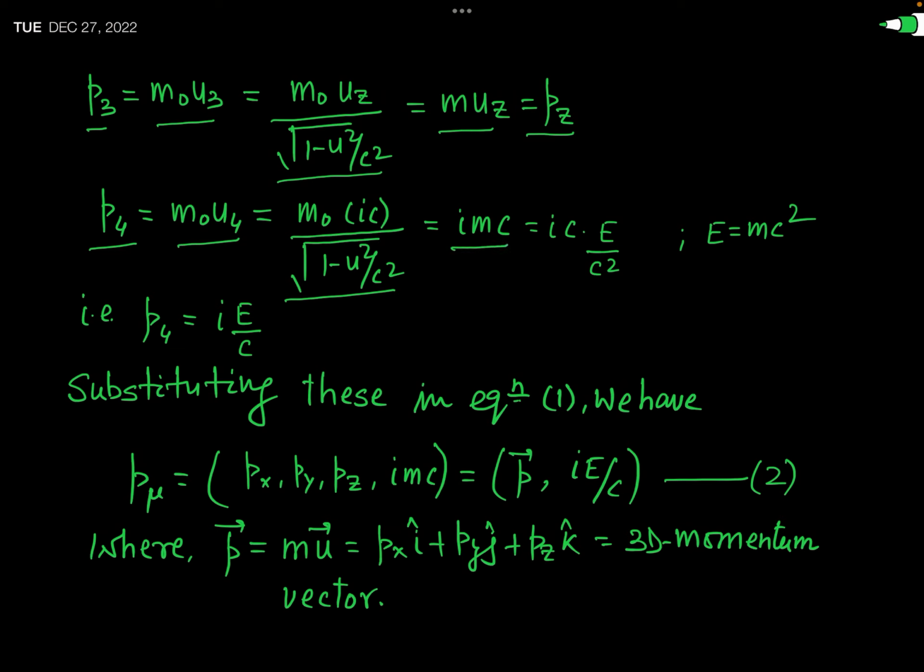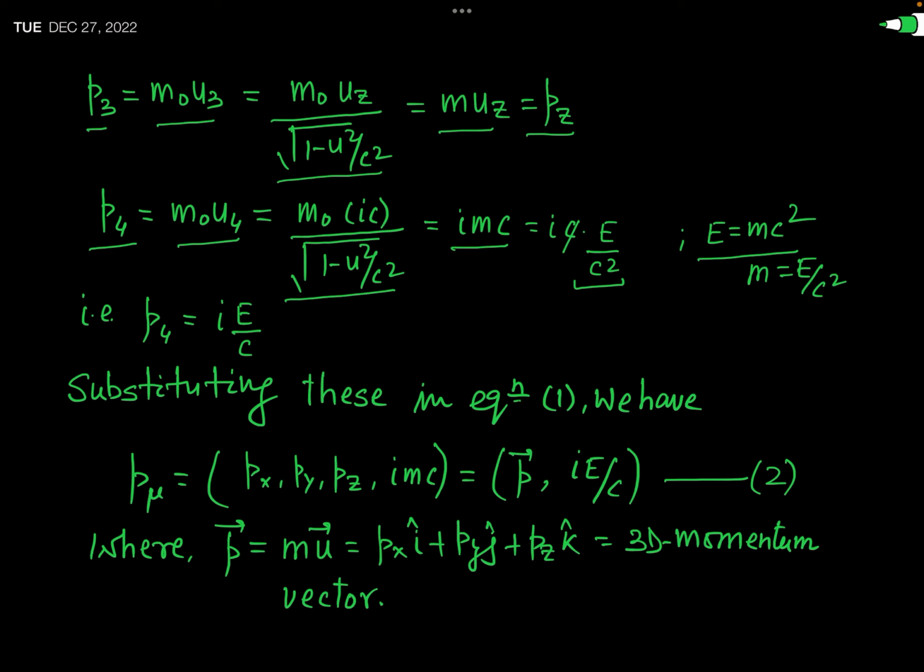Now you know the very famous mass energy equivalence relation of Einstein, and according to that relation, E is equal to mc square. So if you want to express this mass m in terms of energy, m will be simply equal to E over c square. So instead of m, I have written here E over c square.